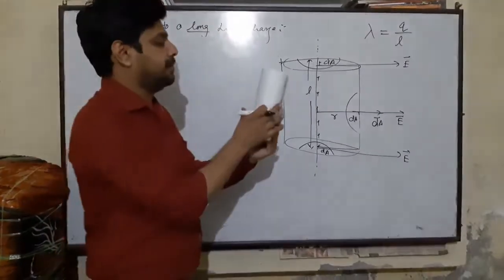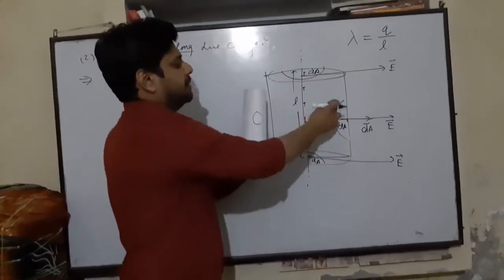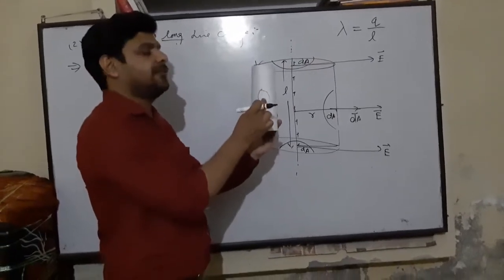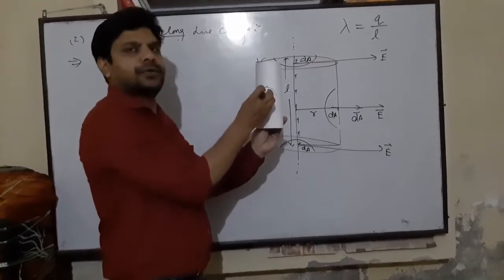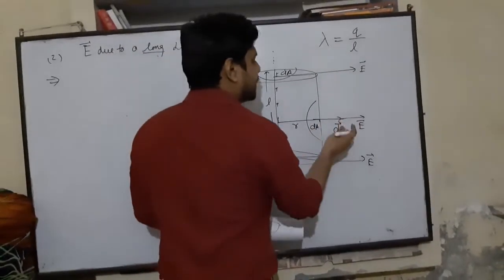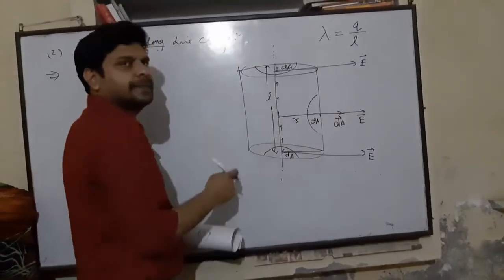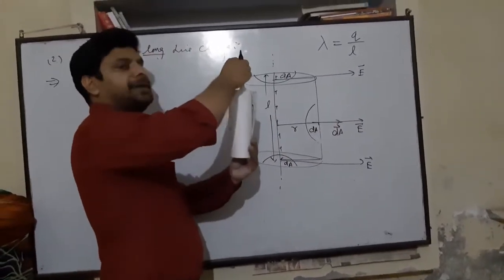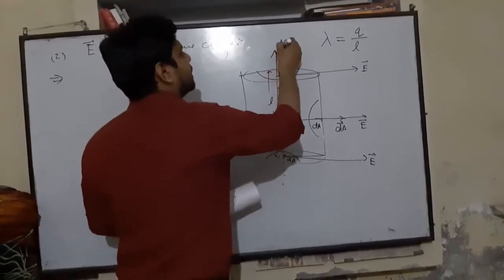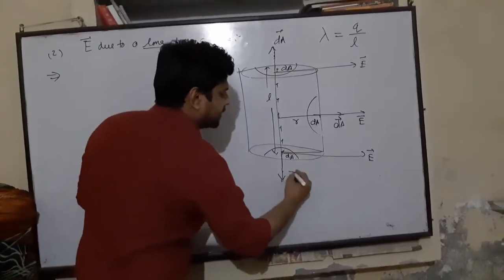Then dA is parallel to E on the curved surface. On the circular faces, the area vector is perpendicular to the surface in the outward direction, like this, and for this surface, like this.